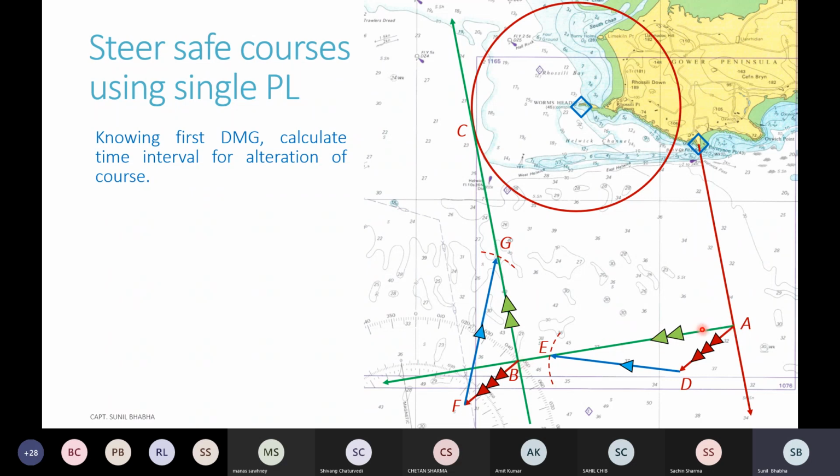Alpha Bravo is the distance to be covered, and we know our speed made good is Alpha Echo. So if you divide Alpha Bravo, that is the total distance to be made good, by Alpha Echo, which is our speed made good, you can immediately find out the time interval for alteration of course.